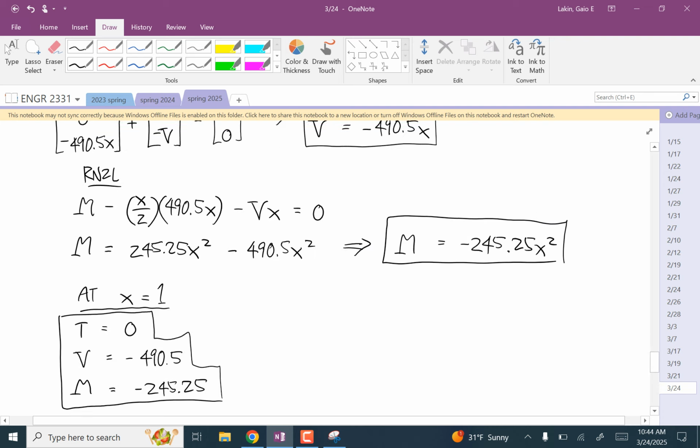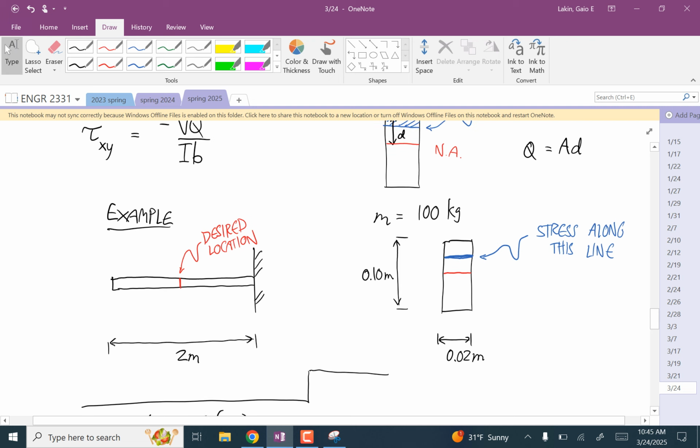And now that distance is the distance from the neutral axis to the centroid of the stuff above. So it's 0.025 to get from the neutral axis to the blue line, then another 0.0125 to get from the blue line to the centroid of that shape. So 0.0375.